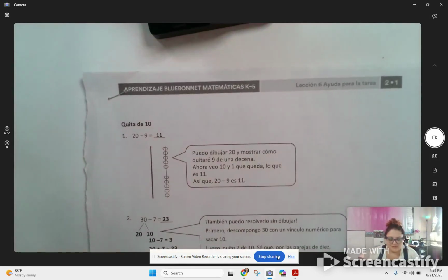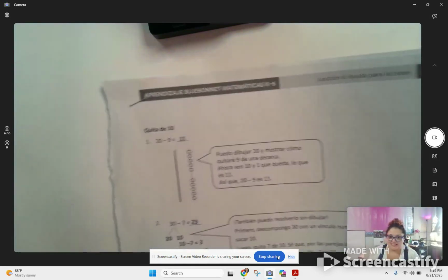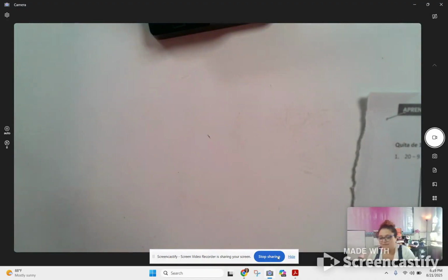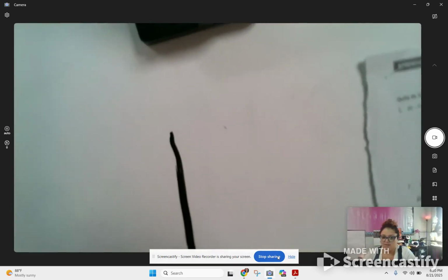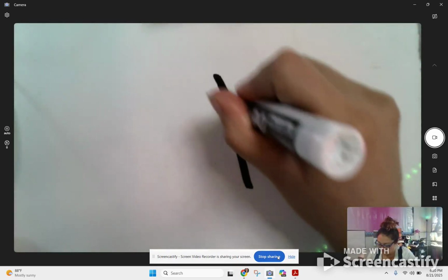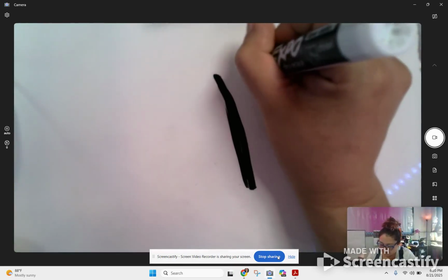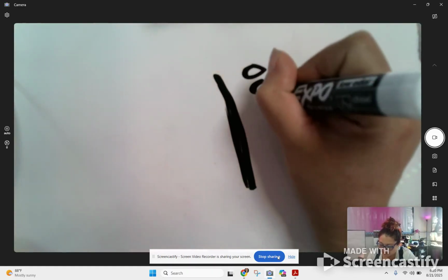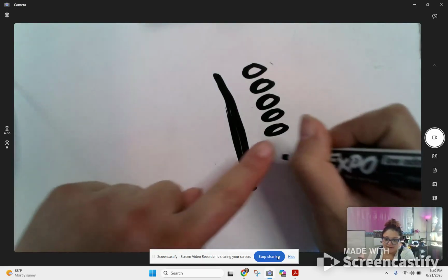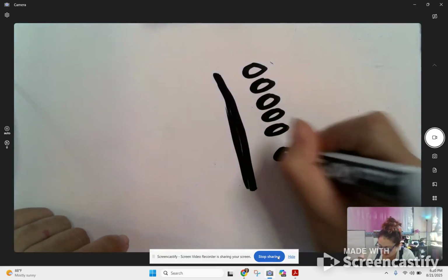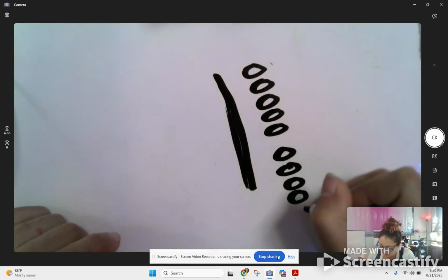So basically, the way that we were showing the kids this, and this is the explanation that we have, is that whenever we have 20, this line right here means 10. The straight lines mean 10. And then they put the other one in a 10, as in there's 5 ones right here and then another 5 ones.